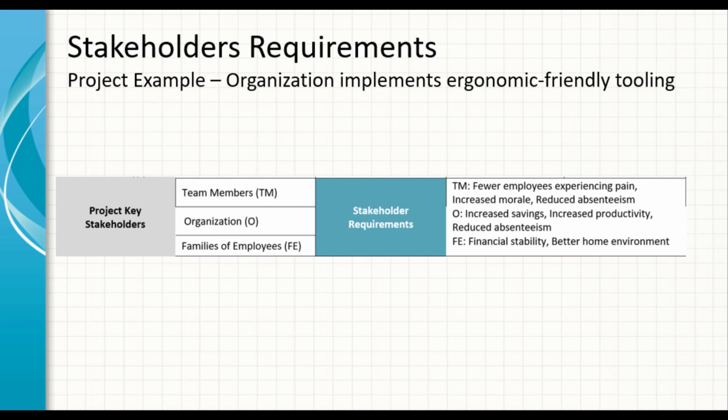That means no missed income. Lastly, a better home environment. This is operating under the assumption that when we are feeling fulfilled at our job, we're happier at home. Better moods at home equal happier households. Okay, so there's a sample of stakeholder requirements.